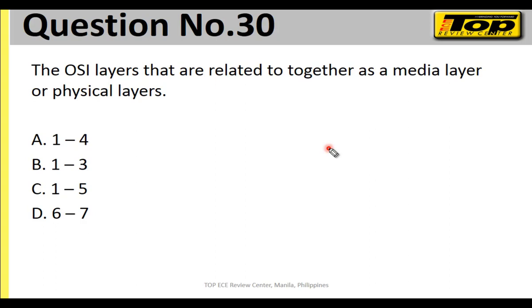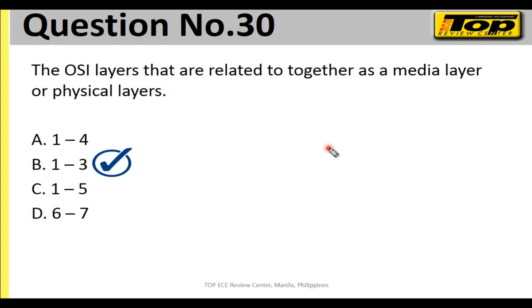And which of these 7 layers are related to media layer or physical layer? Sometimes they are called media layers, sometimes they are called physical layers. That is from layer 1 to 3, letter B. So the physical, the data link, and the network layer are called physical or media layer.